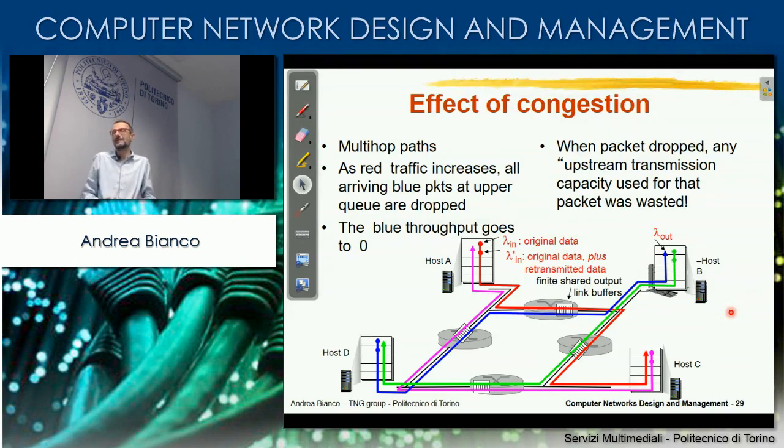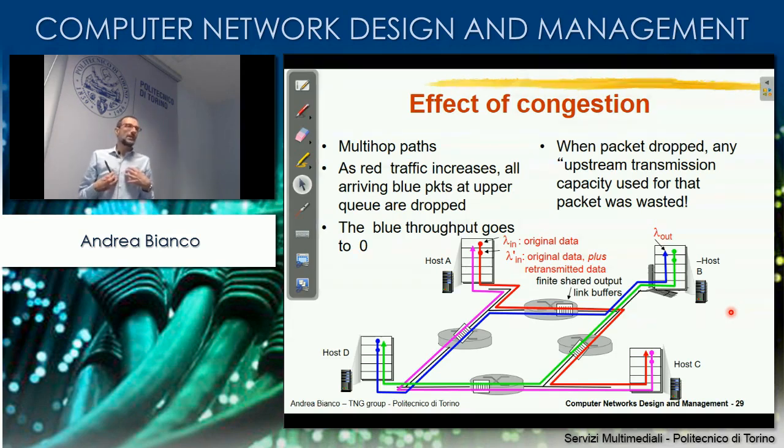Even if I'm generating a little bit more than 10, at the end I will get 1 times 10 sources is 10 megabit, which is what I can get out of the network. So you may have this intuition that congestion, yeah, it's bad, I'm dropping packets, but at the end, what has to go through is going through anyway, right? Because the link is there and you keep sending and transmitting bits. It's not exactly like that. It's a little bit more complex. So let's examine this example for a moment.